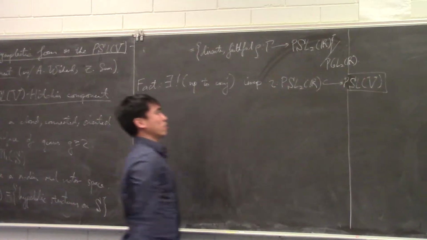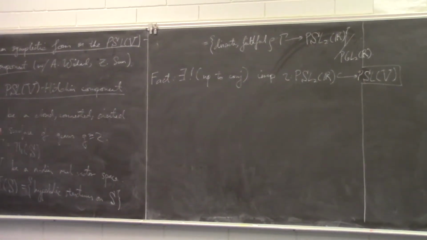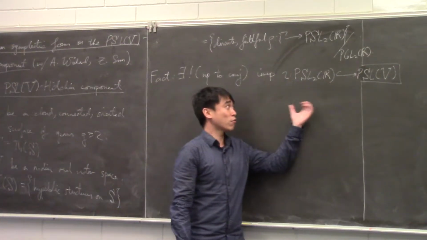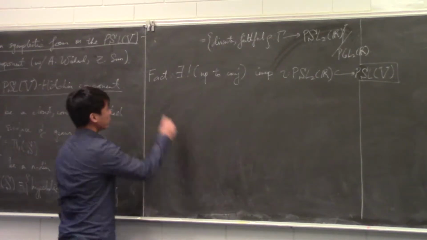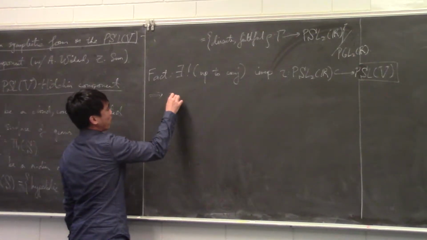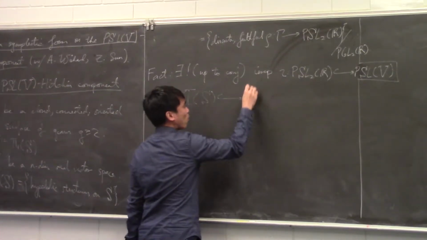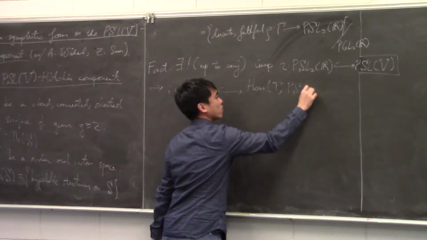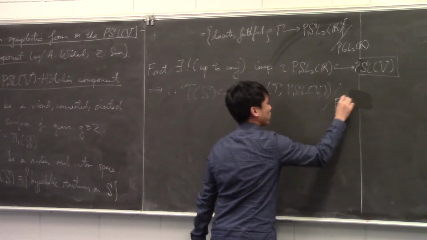Usually people describe this via the Veronese embedding, but if you've never seen this before, that's okay. You should just think of this as some canonical way to put PSL2R into PSLV. And this gives you a way to embed the Teichmüller space of S into the space of homomorphisms from gamma to PSLV, considered up to conjugation by PGLV.